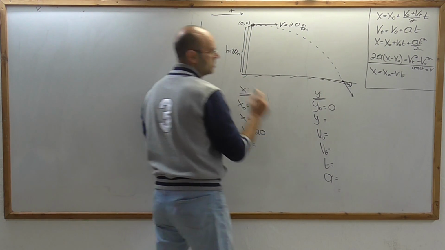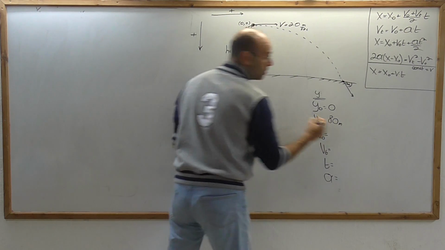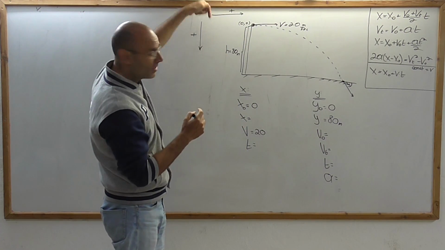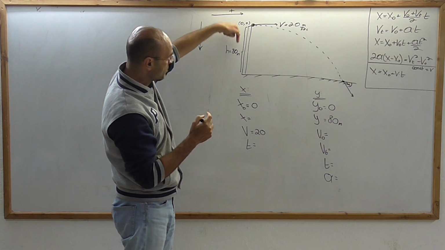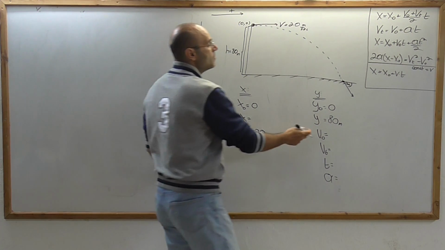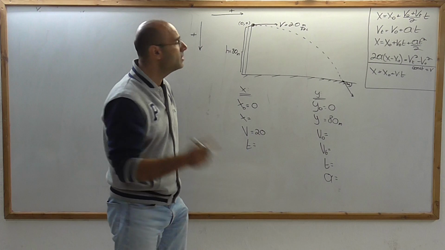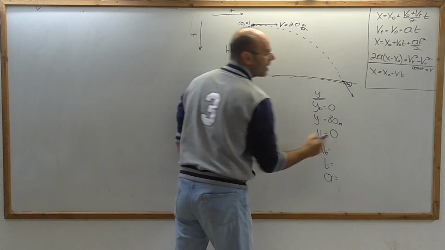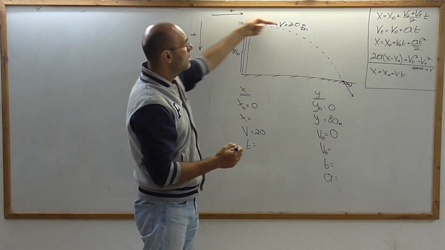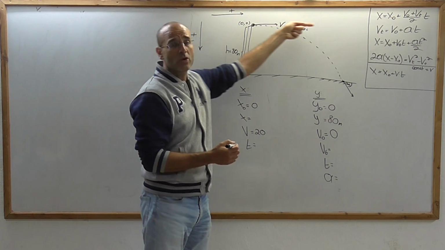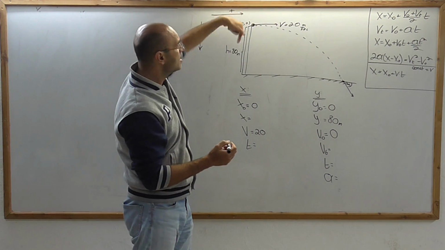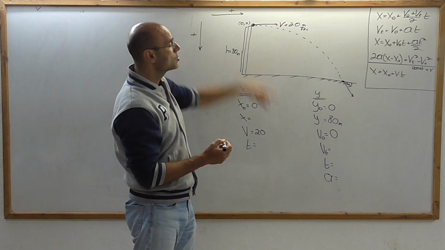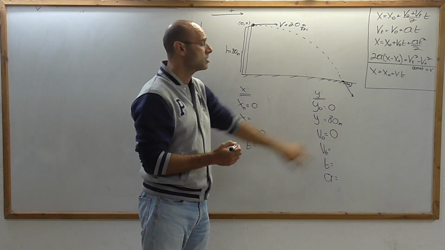It finishes at plus 80, because this is the positive axis, and so the numbers increase that way. V0, the initial velocity, is 0. Why? Because the velocity is only in the x-axis. In this direction it has no velocity, so the initial velocity is 0.